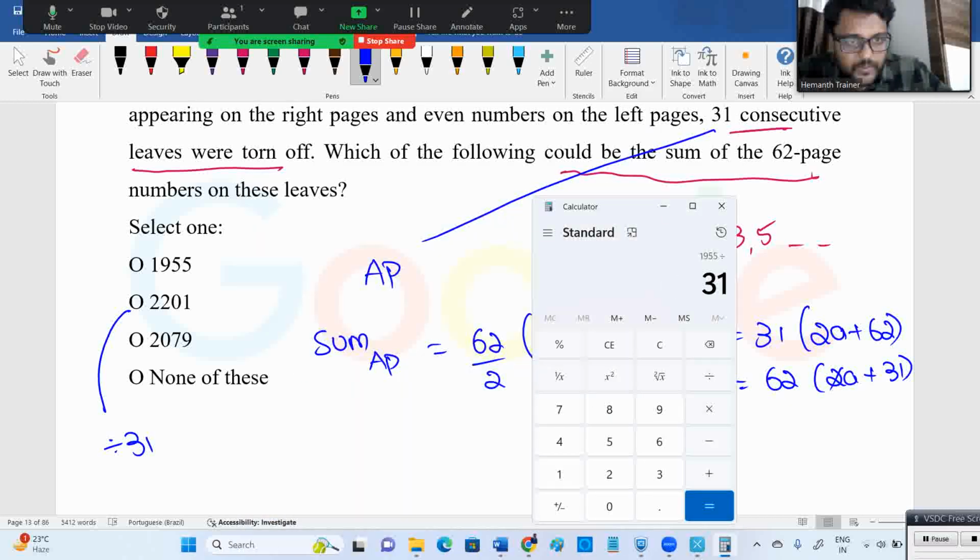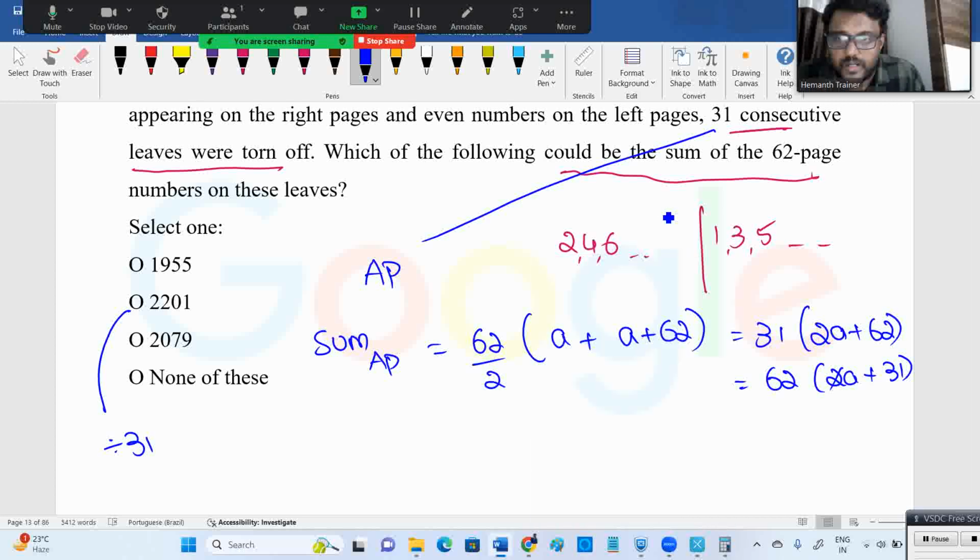The first one divisible by 31? No. The second one? Yes, 31. Then A will be equal to, for 62 means extra 9, then 71, 2079 divided by 31. No. So the only one divisible by 31 is this.